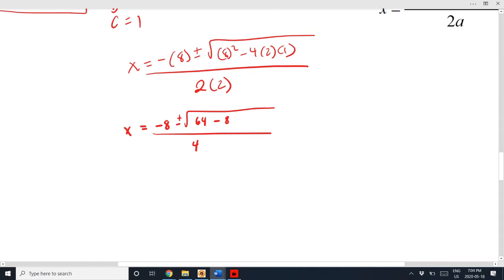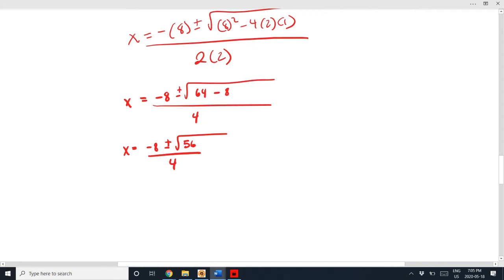And now we can simplify what's underneath the square root again. That's the 64 minus 8. So we still have the -8 plus or minus the square root of 64 minus 8, which is positive 56, divided by 4. So now we're going to get something that looks like this.